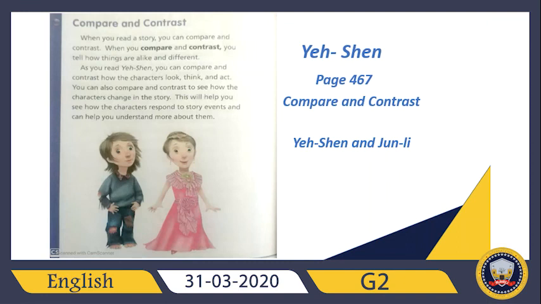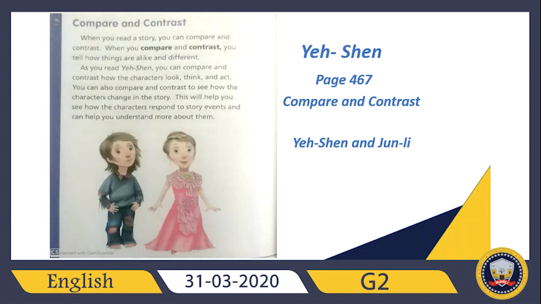You can also compare and contrast to see how the characters change in the story. This will help you see how the characters respond to story events and can help you understand more about them. So you have done this activity also in your previous lessons. Here I want you to compare and contrast Yeshin and Junli, how they are same and how they are different.